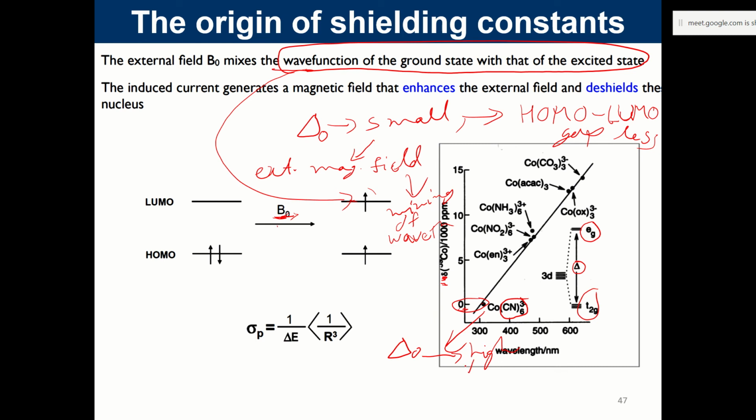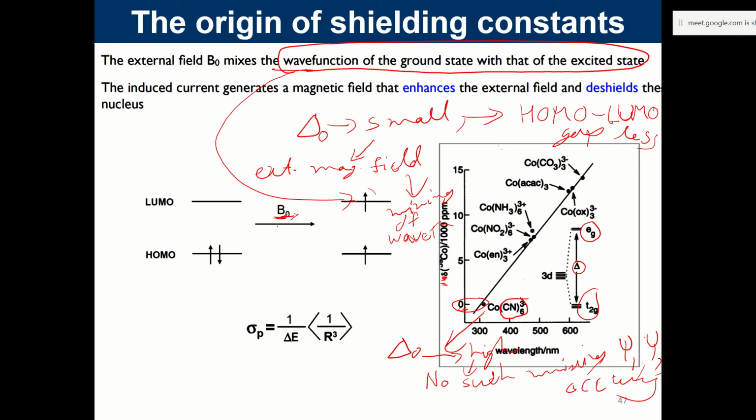When del is high, no such mixing of wave functions, psi 1 and psi 2, occurs, so there is no circulation of electrons through the LUMO and no paramagnetic contribution.